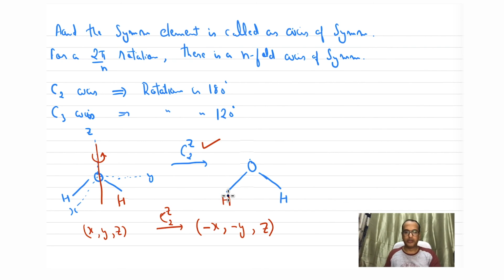Let us stop here, and we will see more examples of proper axis of rotation in the next class, so that it is very clear in our heads how a symmetry axis, or proper axis of rotation, actually works. All right. Thank you.